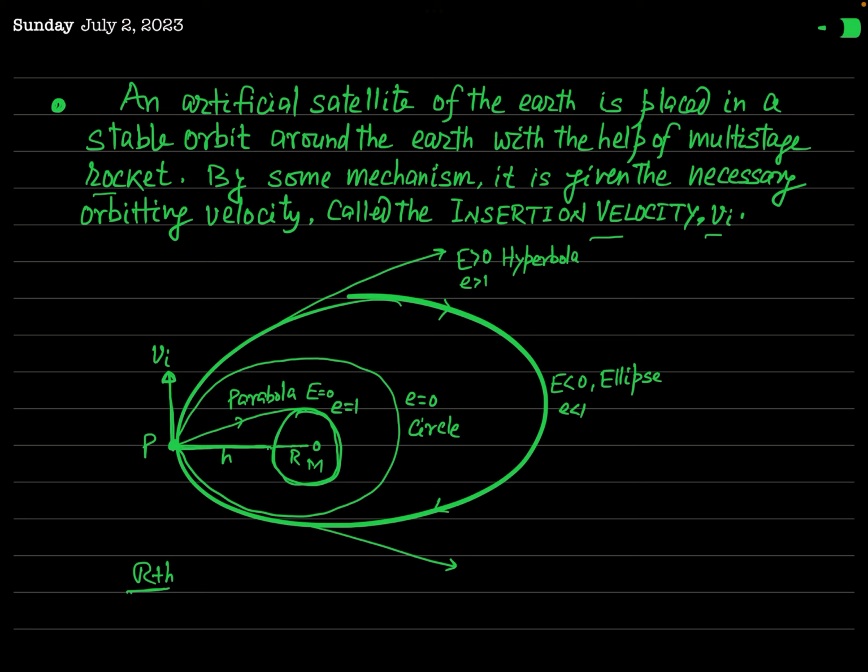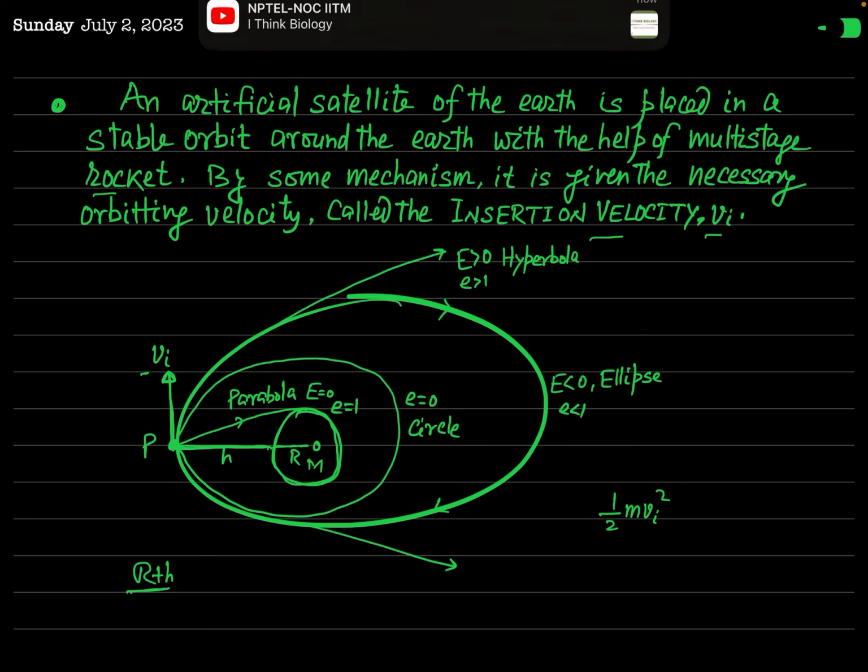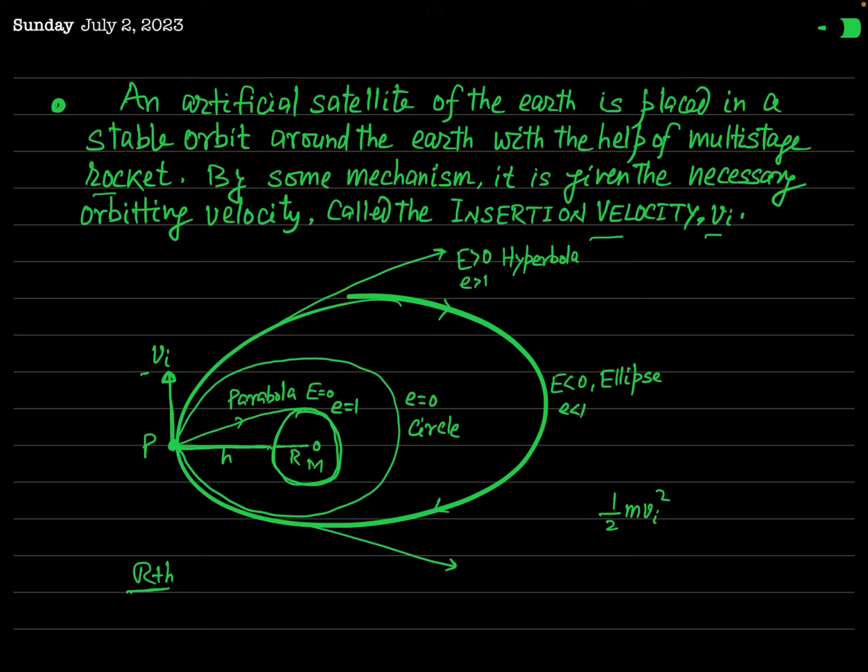If you consider that Vi is the velocity with which the satellite is projected, then its kinetic energy will be half m Vi square. This is the kinetic energy of the satellite. Here we consider that the Earth is stationary, because it is very massive in comparison to the satellite, so in this interaction we assume that the Earth is not in motion, only the satellite is in motion.